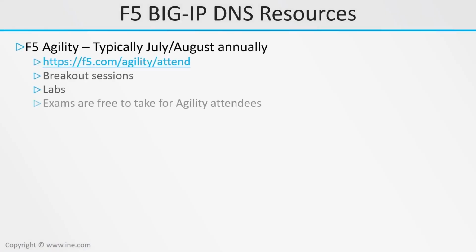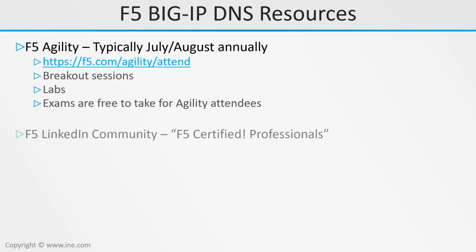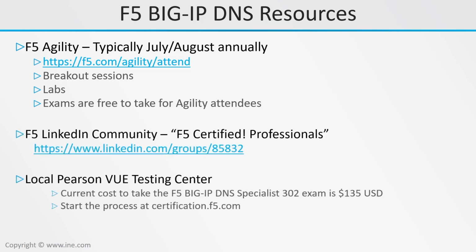So a conference you can mark down in your calendar every year is the F5 Agility Conference. It's about three to four days long, annually during July and August, and it includes breakout sessions and labs that you just saw access.